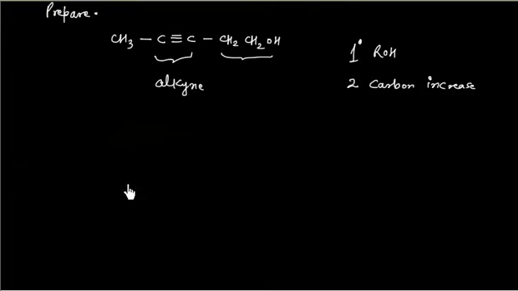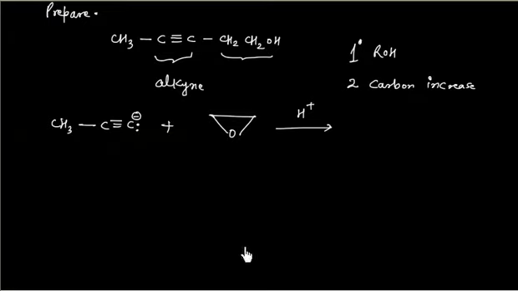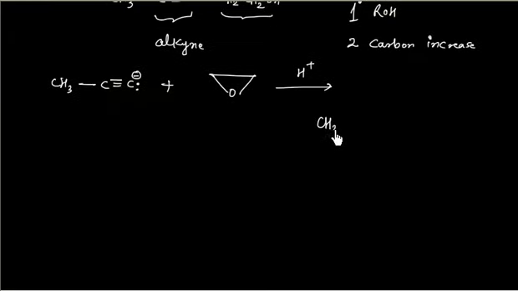So this gives me a hint that we can use the acetylide ion of this, CH3C minus, and if this is treated with ethylene oxide, further protonation, it will give the desired product CH3C≡C-CH2CH2OH.